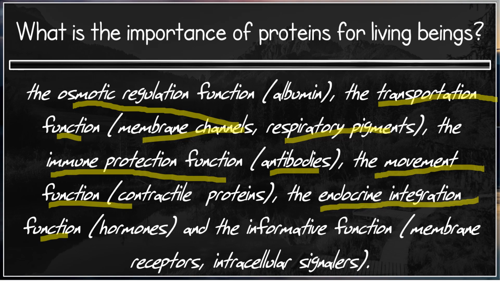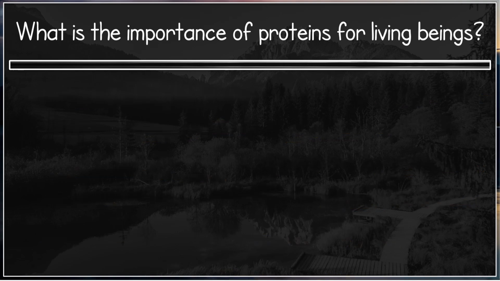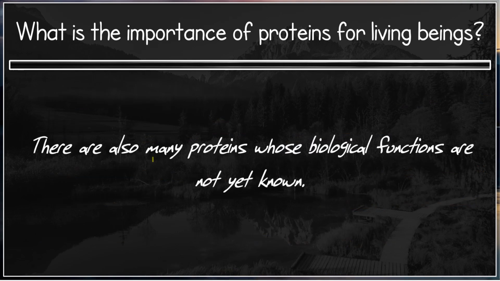These are proteins like the hormones, and we have other proteins for the informative function, like membrane receptors and intracellular signals. There are also many proteins whose biological functions are not yet known.